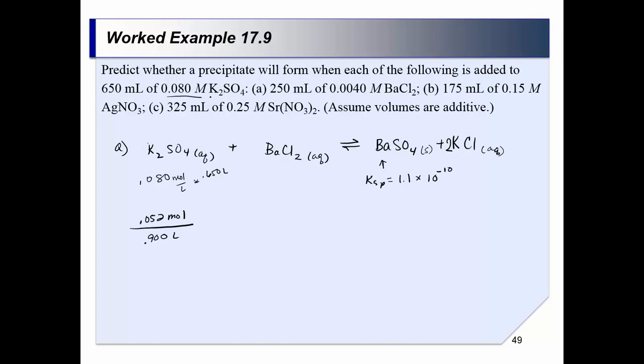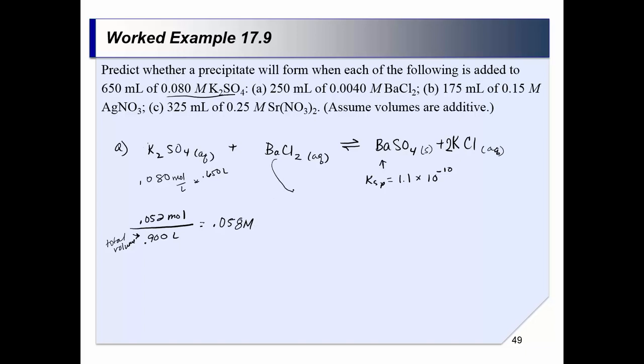Remember, this is aqueous and therefore it's going to break up completely. So 0.080 moles per liter times the volume, 0.650, and I get 0.052 moles. Now I need to divide that by my total volume. I hope you're seeing a theme here with total volume, so that I get a concentration of my sulfate of 0.058 capital M molar.